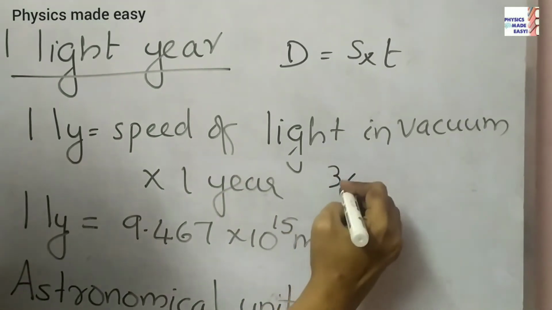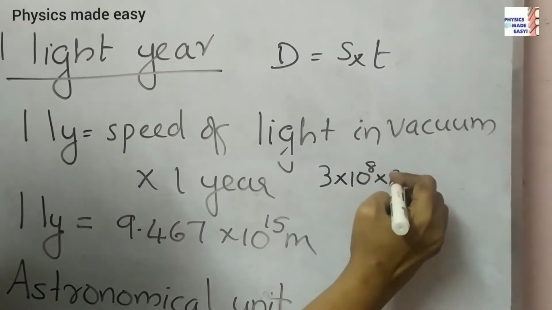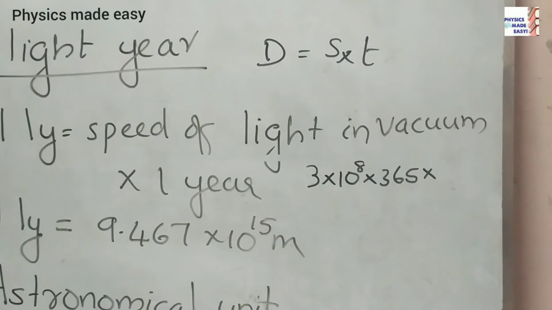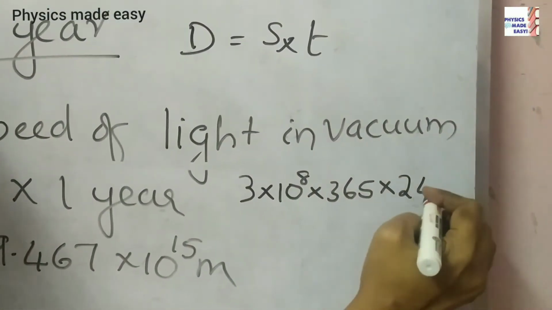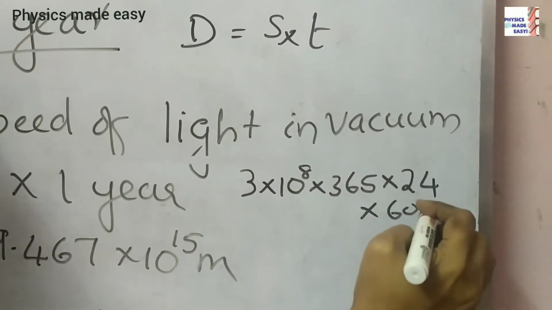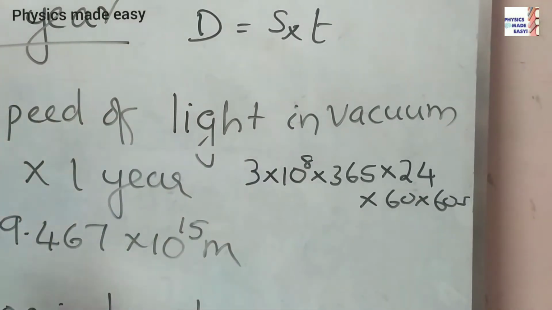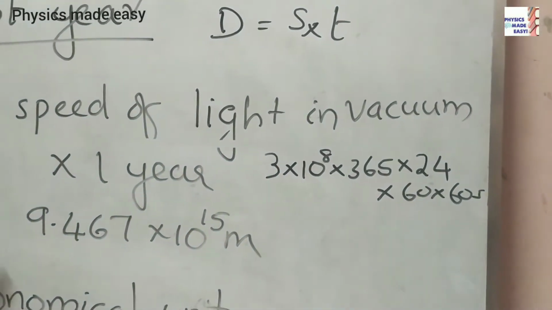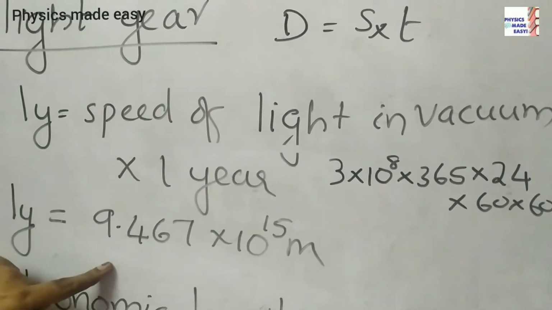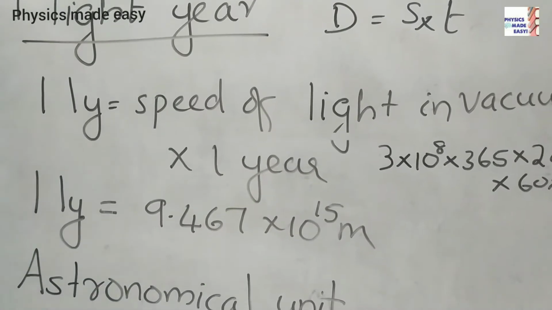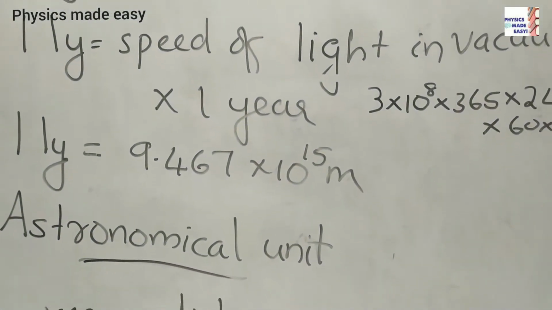That means 3 into 10 raised to 8 into 365 into 24. 1 day is equal to 24 hour, 1 hour equal to 60 into 60 seconds. If you are calculating this, then you will get 1 light year is equal to 9.467 into 10 raised to 15 meter.